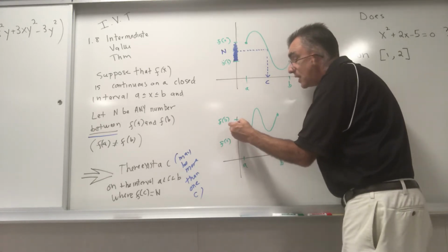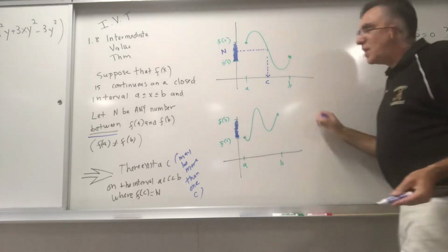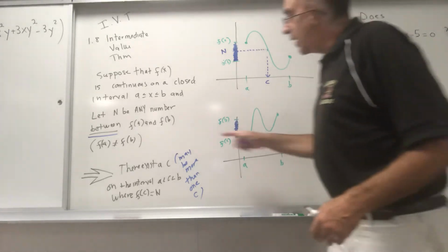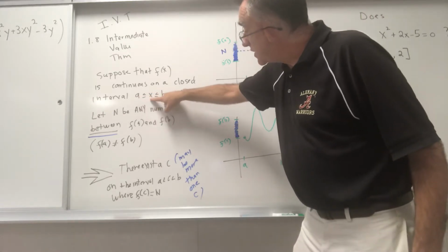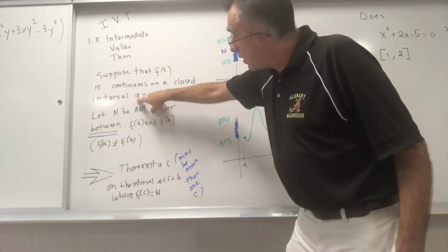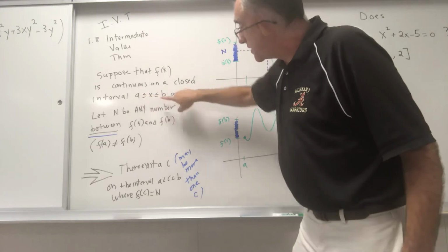Now you might be wondering, why worry about between so much? Notice I didn't say f of A, f of C, f of B, because I don't want to always assume that f of A is less than f of B.